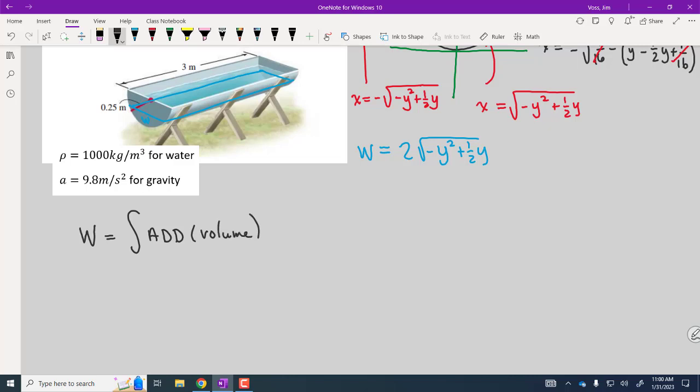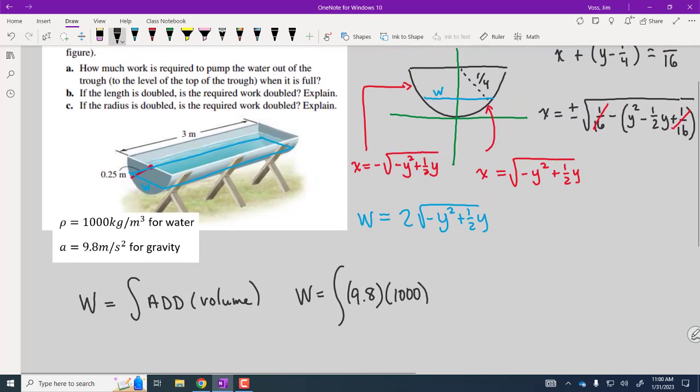So that's our acronym that's going to give us insight into how to set this up. So we're going to have work equals, again, we're dealing with water. So let's make sure we have everything right here. So it's acceleration, it's density, and distance traveled by a representative slice.